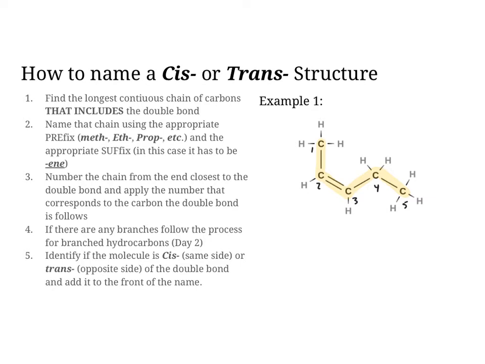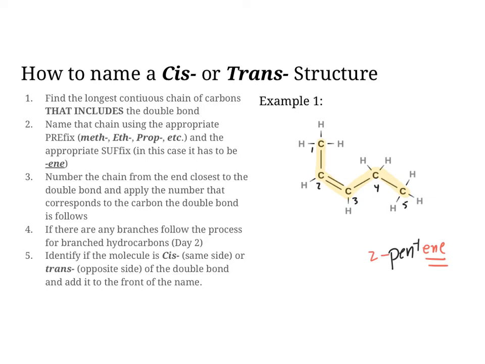Then I'm going to start by naming the chain, and this is 5 carbons long, so it's going to be a pent. And because there's a double bond, it's going to be a pentene. And the double bond happens to be located after the second carbon, so it's simply a 2-pentene. Up until now, that's all we would have done to name it.